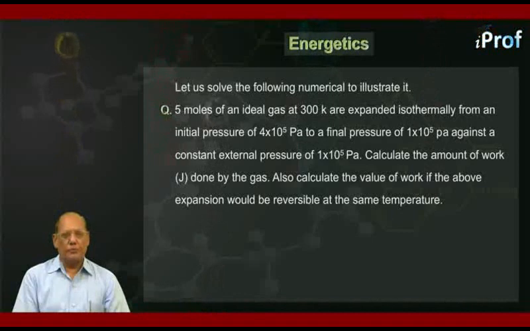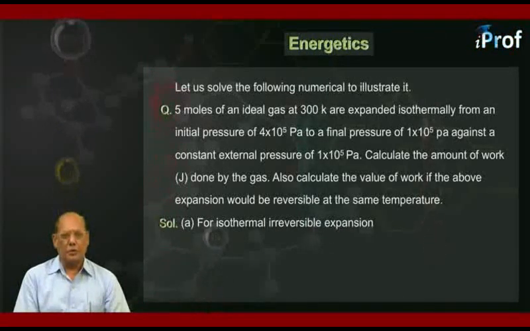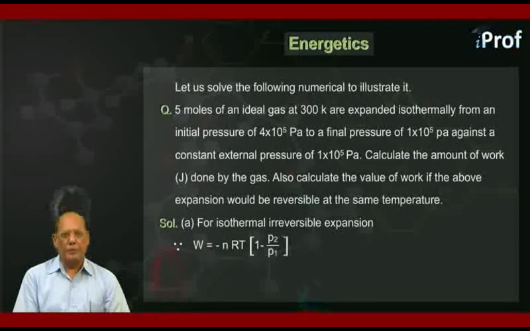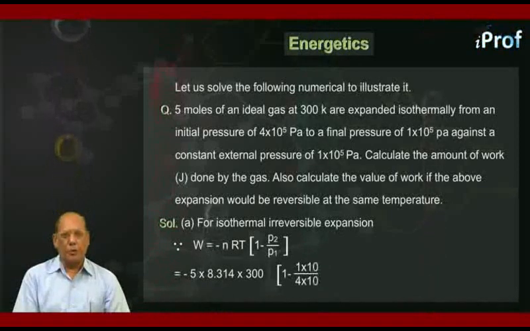So we have solution A for isothermal irreversible expansion. Since W is equal to minus nRT into 1 minus P2 by P1, substituting the values, W becomes equal to minus 5 into 8.314 into 300 into 1 minus 1 into 10 to the power 5 over 4 into 10 to the power 5.